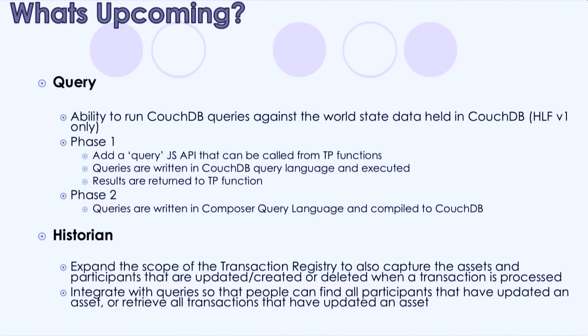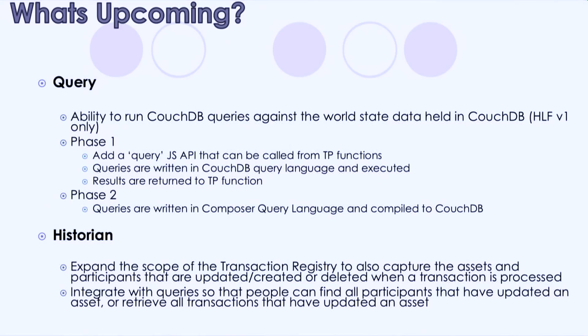And we want to attach that metadata and associate it with the transaction as a sort of log entry in the historian. And then that starts to get extremely powerful once you combine it with queries, because it allows you to write complex queries over the historical data that you have in the historian.